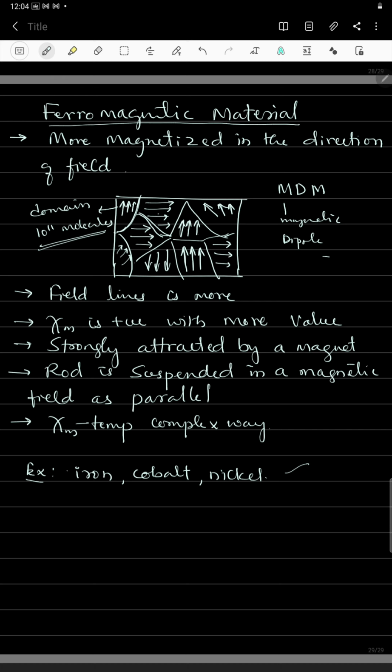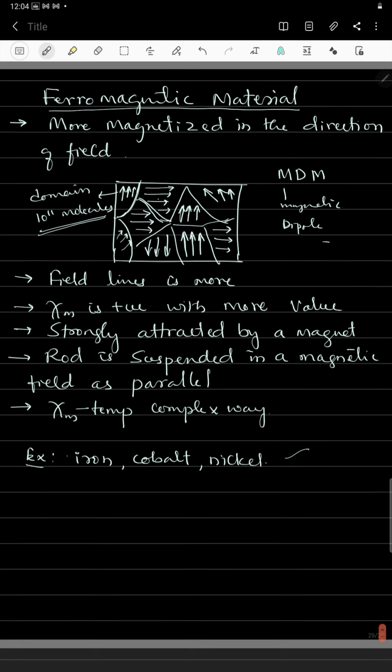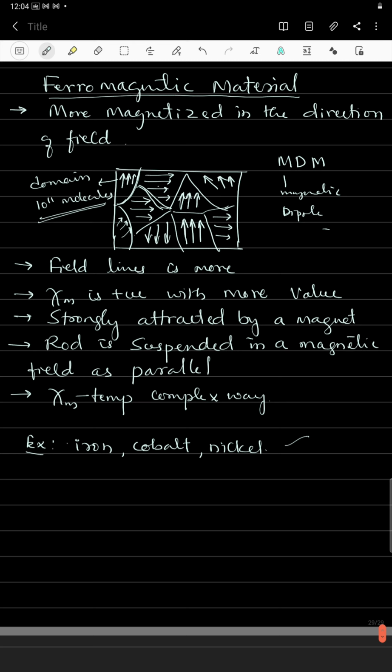So due to this reason, if you place it into an external magnetic field, these magnetic materials absorb completely. It means they attract completely the magnetic field lines passing over that magnetic material. So due to that reason, this material is more magnetized in the direction of the magnetic field lines.